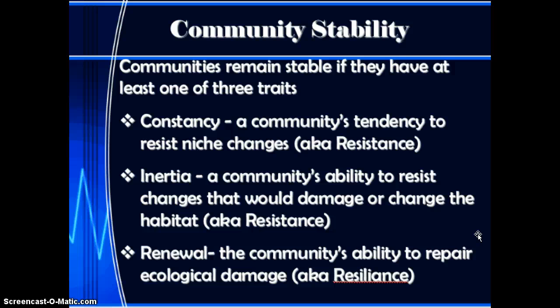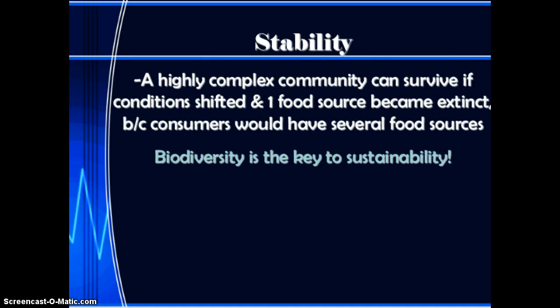So resilience is another word for renewal. If an environment is very resilient, even if something does change, it's okay, it can recover. So we want our communities to be as stable as possible, which usually means being as biodiverse as possible and having really high resistance and high resilience.